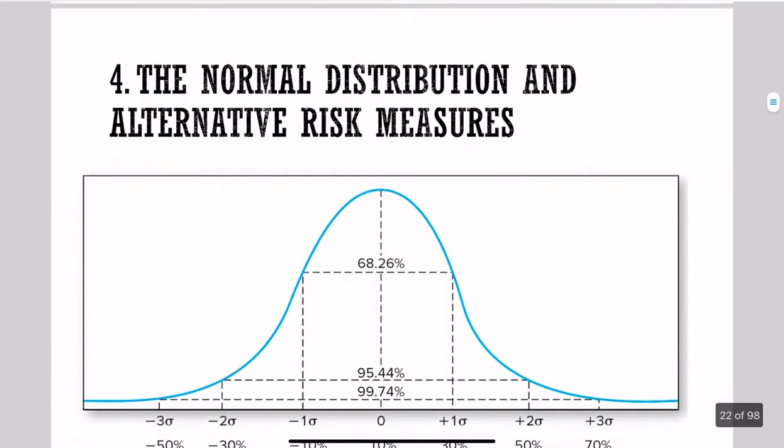Okay, great. Now let's talk about more advanced risk measures. As I said, standard deviation is like the most basic classical form of measuring risk. So generally, if an investment has a larger standard deviation, then we would say that this investment has higher risk.